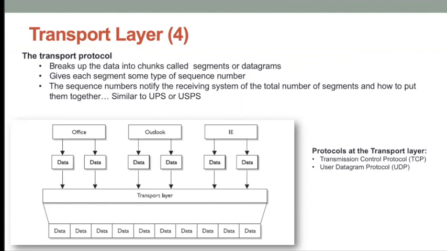We're using UDP right now for this Zoom session. We're going to get deeper into these protocols later on; this is just an overview introduction. But both protocols do the same thing: they break up data into segments, and they're able to track those segments.